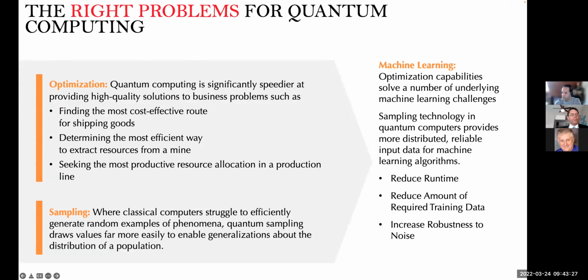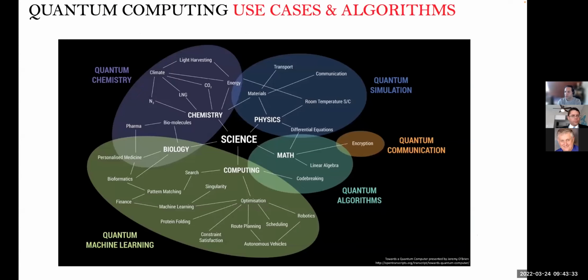I believe we discussed this a little bit, machine learning, and this is actually the map that I wanted to discuss, where various areas, quantum chemistry, quantum simulations, various use cases come together, to essentially find use cases.